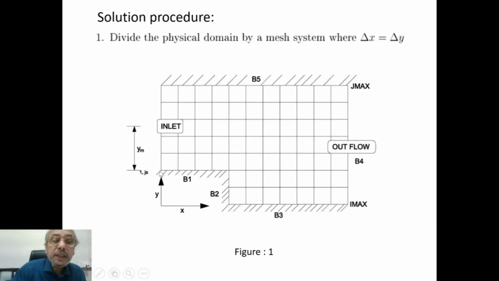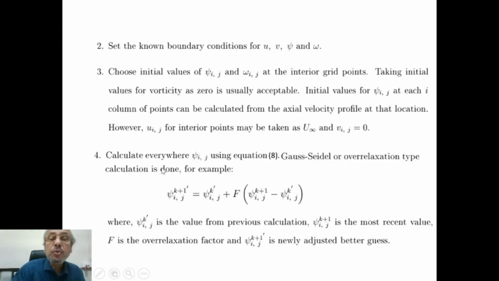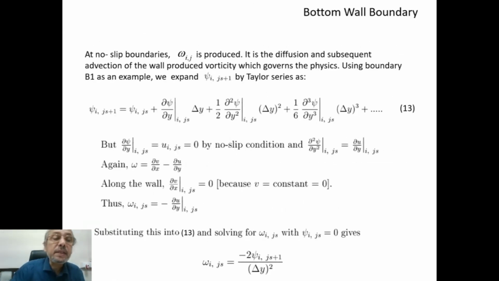If we say this point is I equal to 1 and j equal to js, and this is js plus 1, this is js plus 2. There we express psi I js plus 1 in terms of psi I js through a Taylor series.